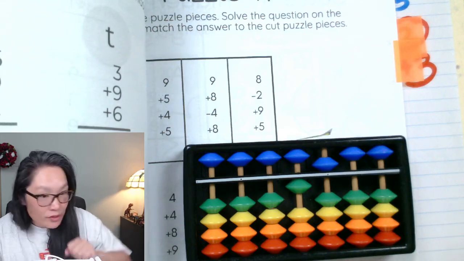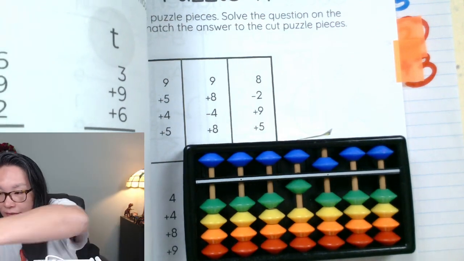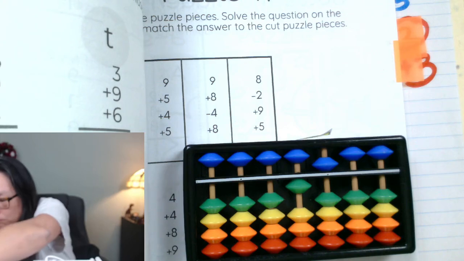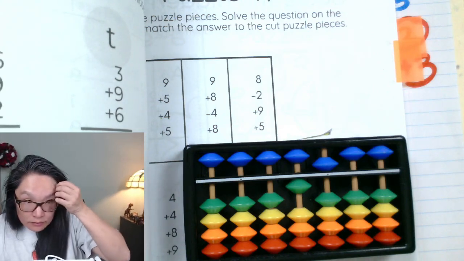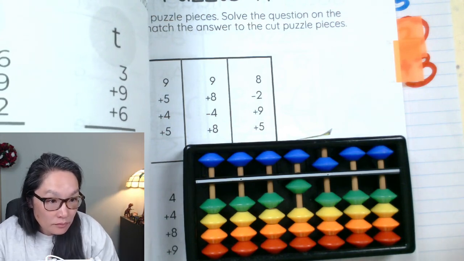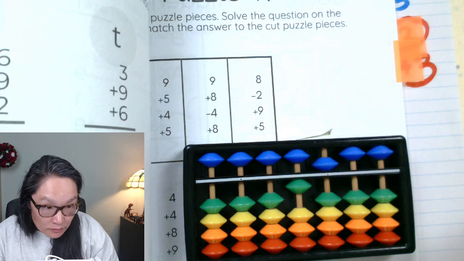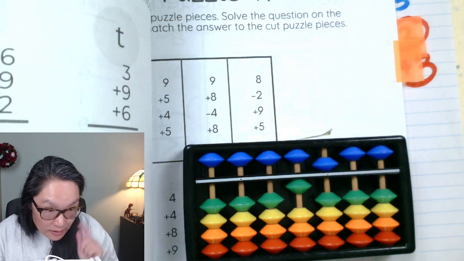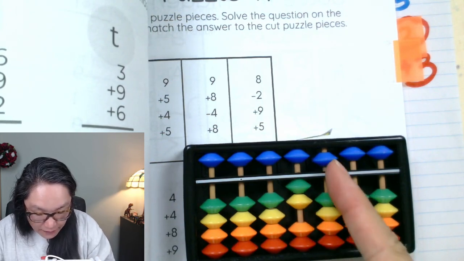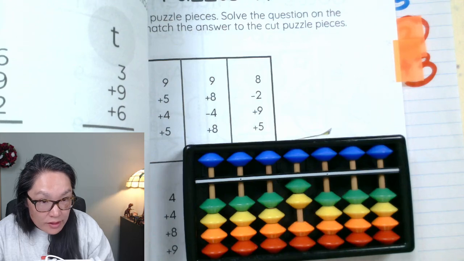Let me know if you have any questions. How do I add the 5? Yes. I want to add the 10 and minus the 5. So my final answer is 20.